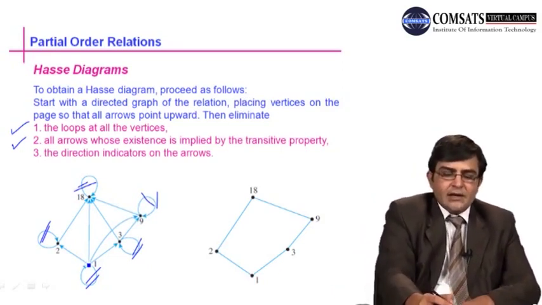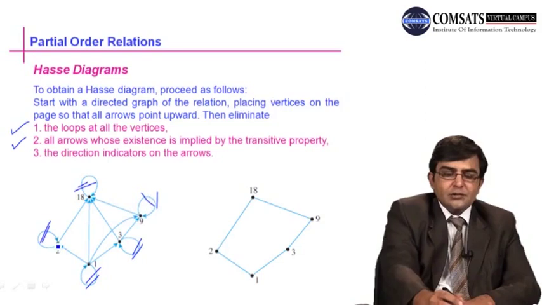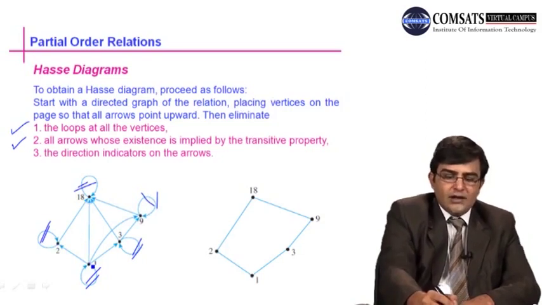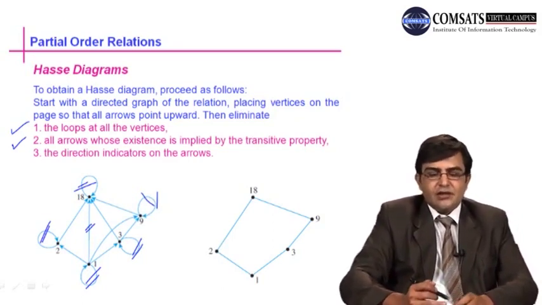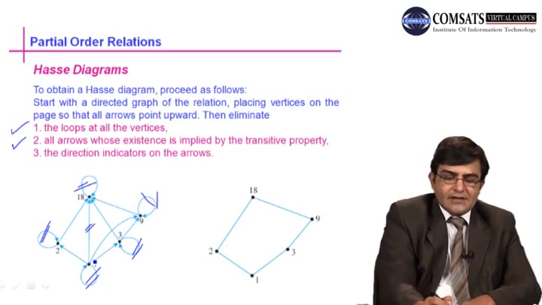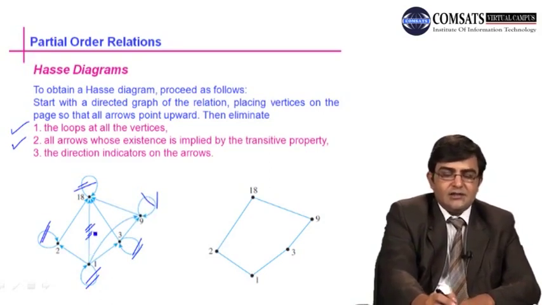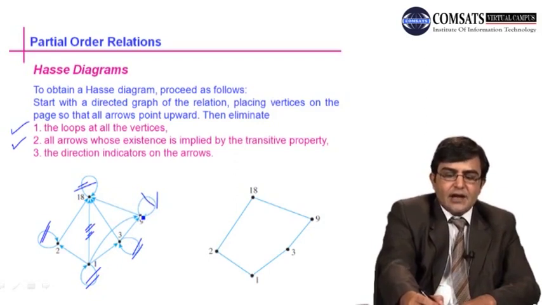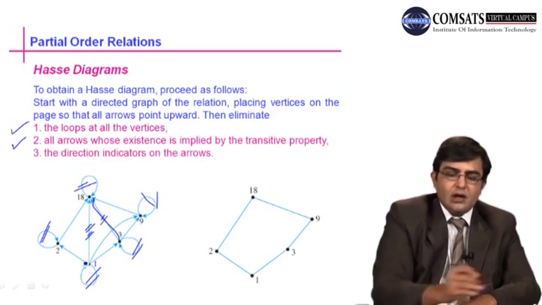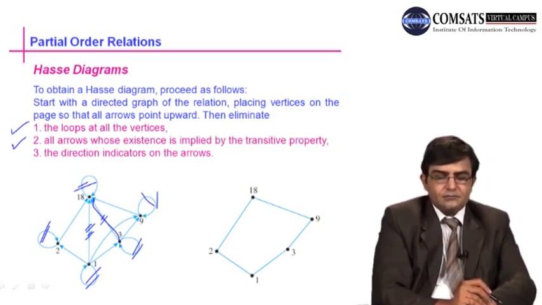Basically if 1 is related to 2 and 2 is related to 18, now 1 is related to 18, this arrow shows the transitive property, so therefore remove it. Next is 1 is related to 3, 3 is related to 18, so this arrow again shows the transitivity, so we remove it. Next is 3 is related to 9, 9 is related to 18, and 3 is related to 18, this arrow also shows the transitivity.